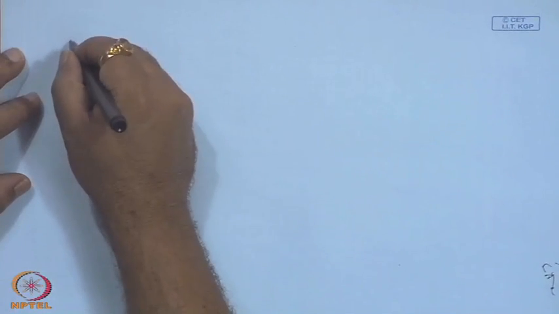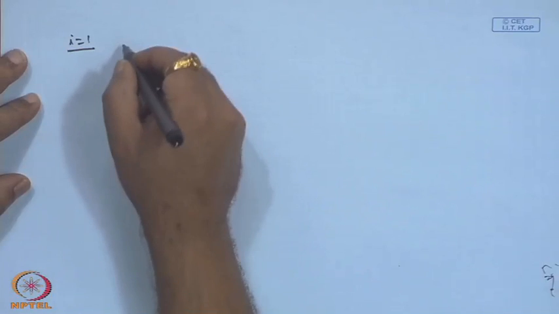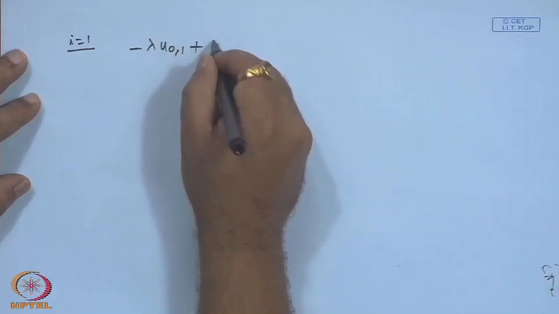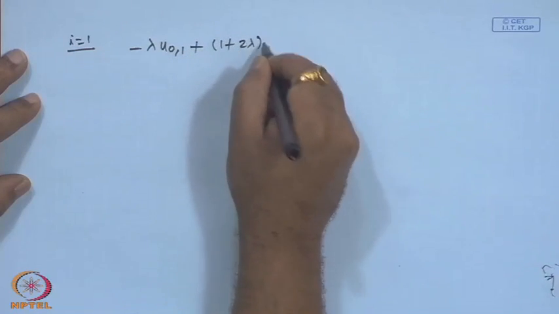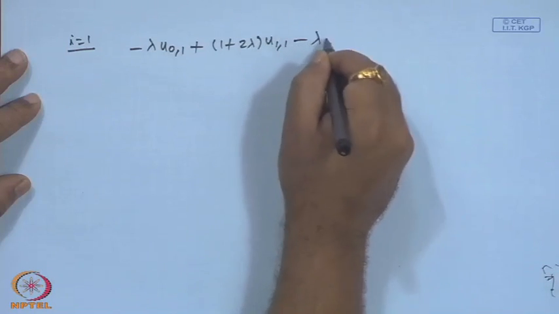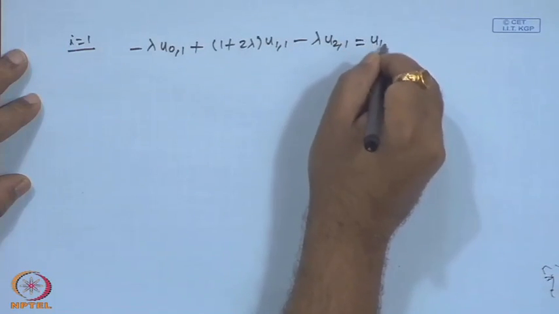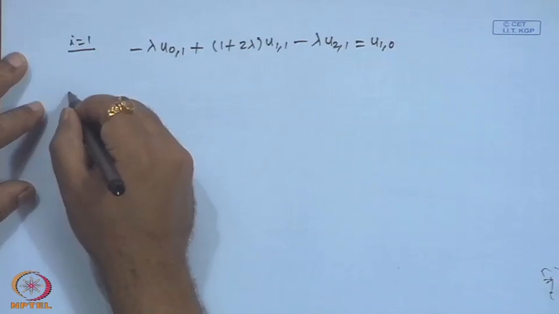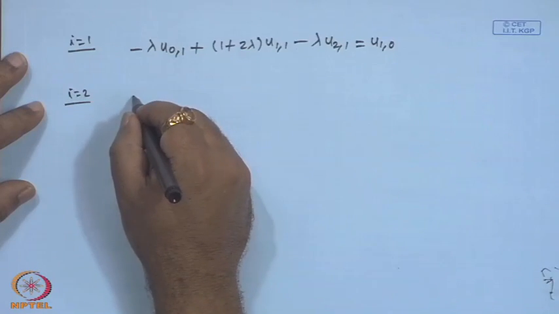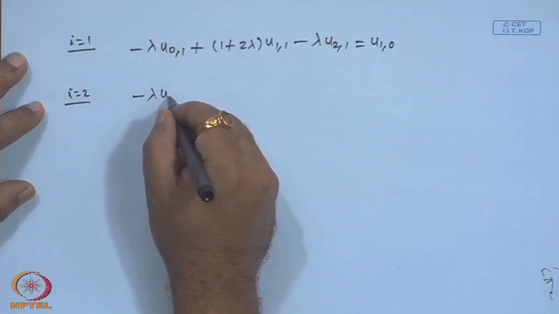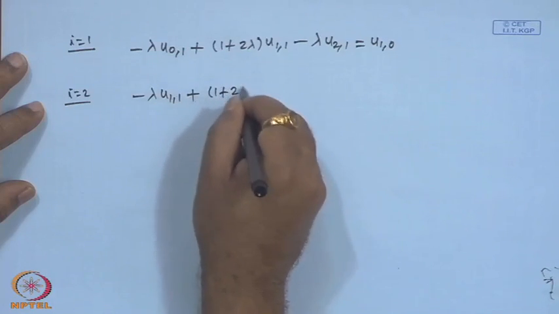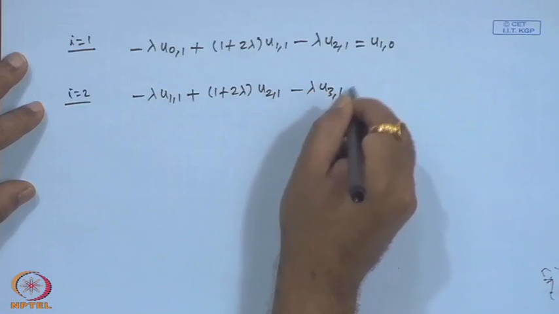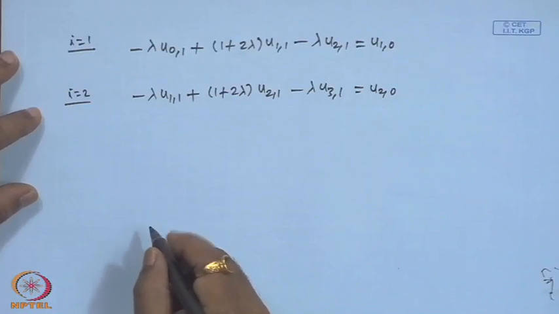So, corresponding to I equal to 1, we get, okay, and corresponding to I equals to 2, okay.